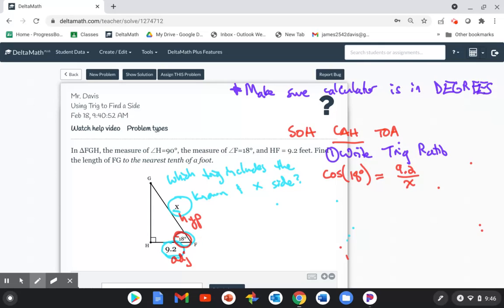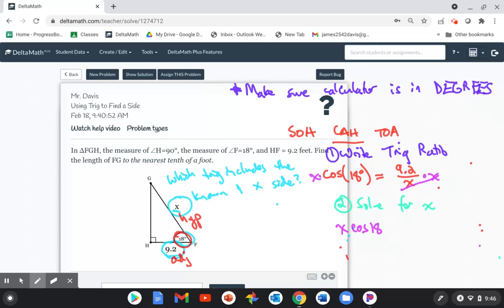To get x by itself, notice it's in the bottom of the fraction. So we multiply both sides by x to get it to cancel, and we also multiply over here: x times the cosine of 18 degrees.